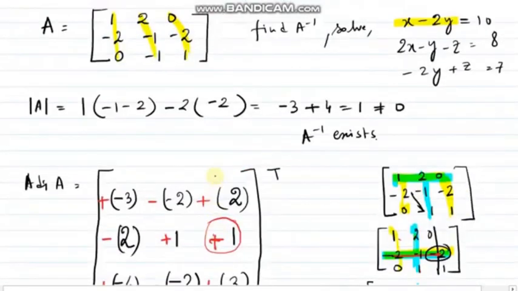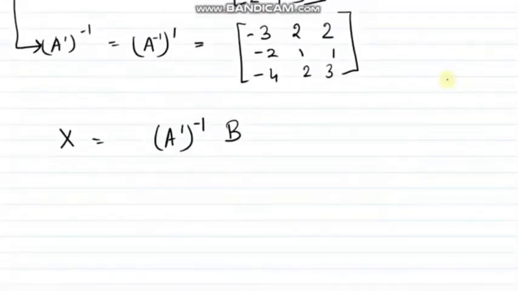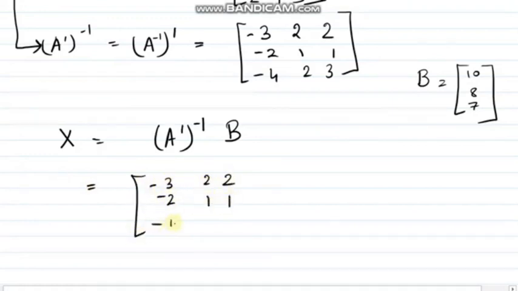If I take the right hand side as B, so B is 10 8 7, right? So just let me write it here. So your B is equal to 10 8 7. So this part, if I write it, minus 3 2 2, minus 2 1 1, minus 4 2 3, and B is 10 8 7.